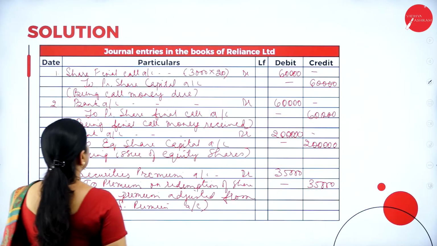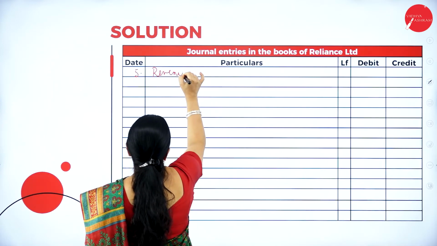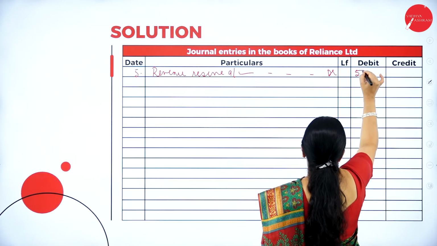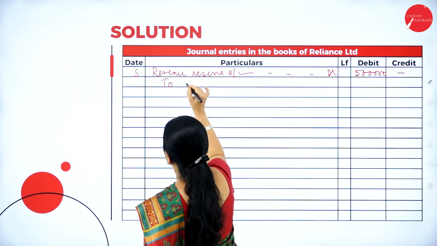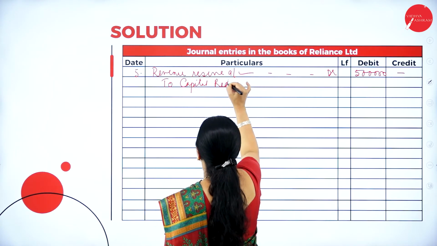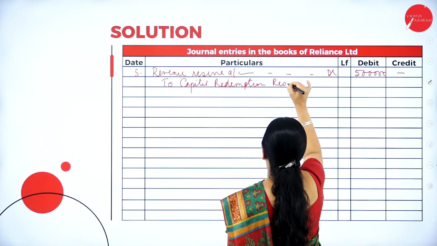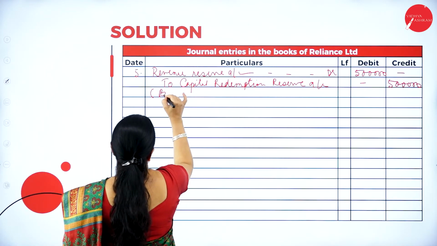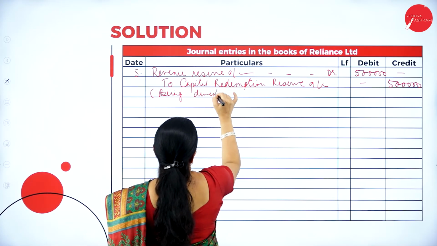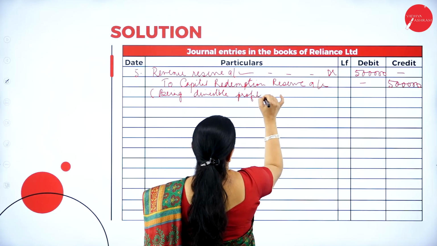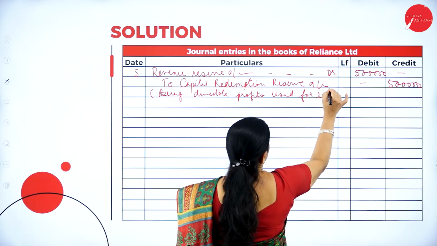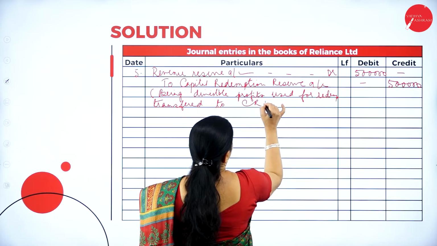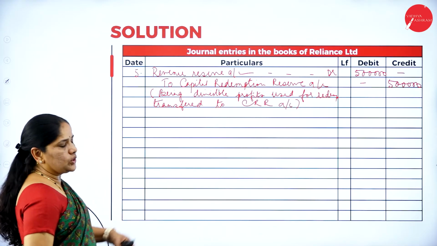So, the next entry, that is entry 5, revenue reserve account debtor 5 lakhs to capital redemption reserve account 5 lakhs being divisible profits used for redemption transferred to CRR account. So, I have transferred an equal amount to CRR account.